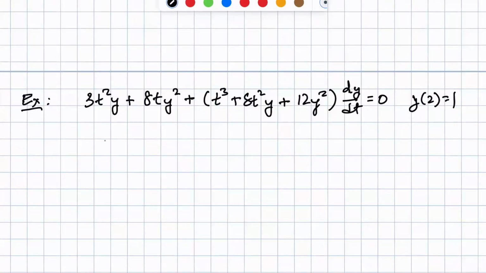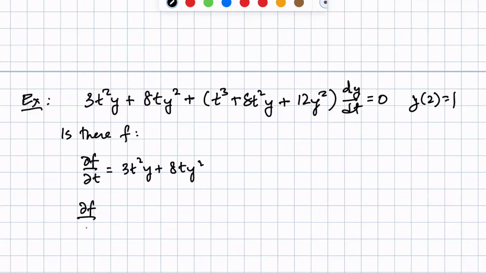All right, so the question is, is there an f that does the following? df dt is equal to this part, 3t squared y plus 8ty squared, and simultaneously, df dy is equal to t cubed plus 8t squared y plus 12y squared.